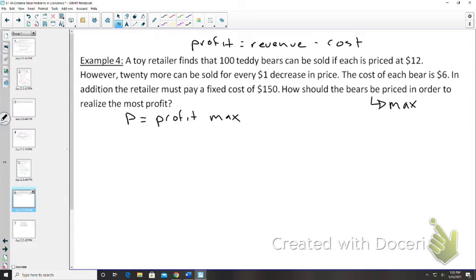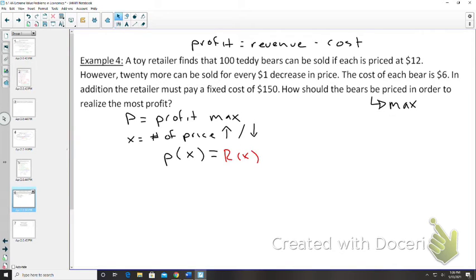And I'm going to let X equal the number of price increases or decreases. We know that the profit is equal to the revenue minus cost, so let's write this. So profit, P of X, is equal to the revenue minus the cost.